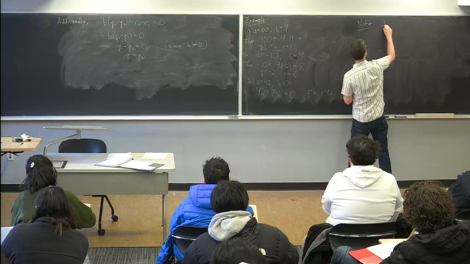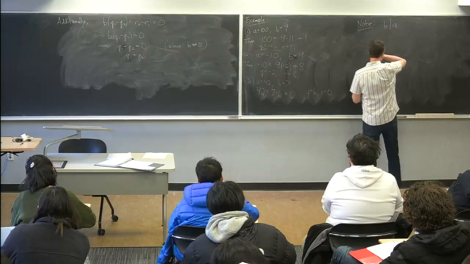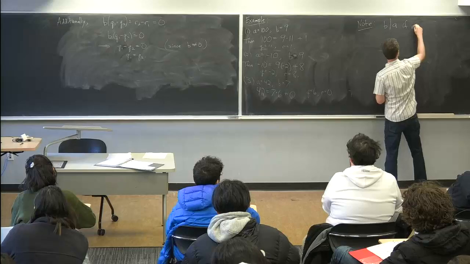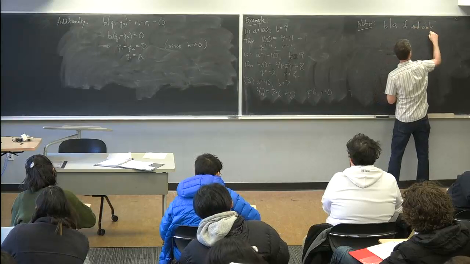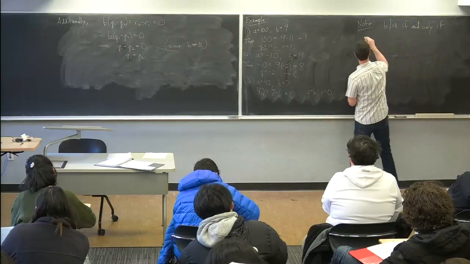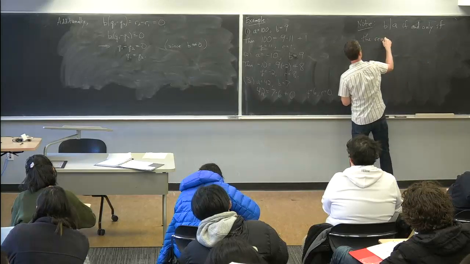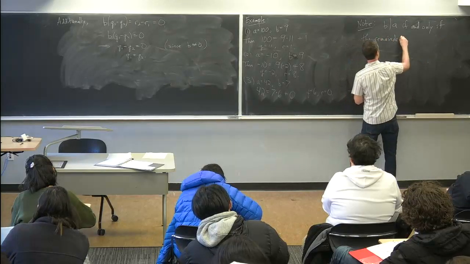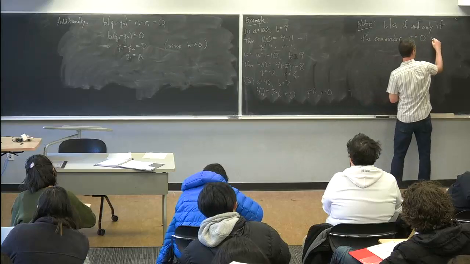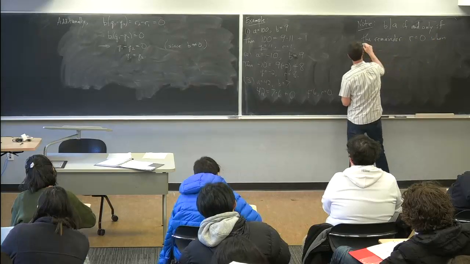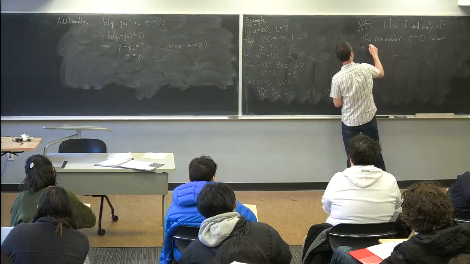B divides A if and only if the remainder R is equal to 0 when A is divided by B.